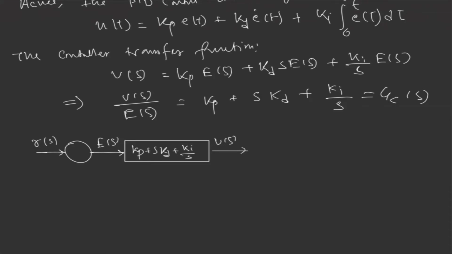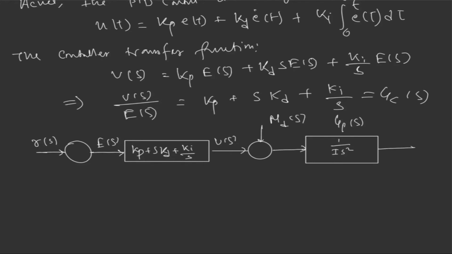Also we are having the disturbance in the system, MD of s, and we can write our attitude motion equation as 1 upon I s squared. This is my GP of s, and this is my Y of s.